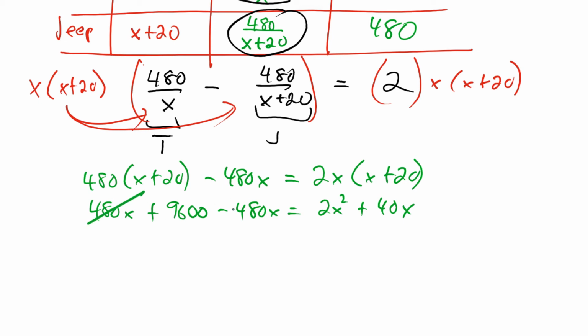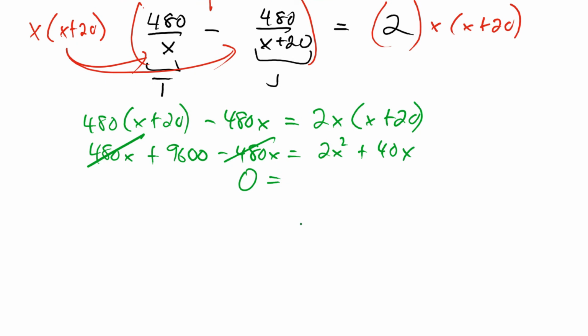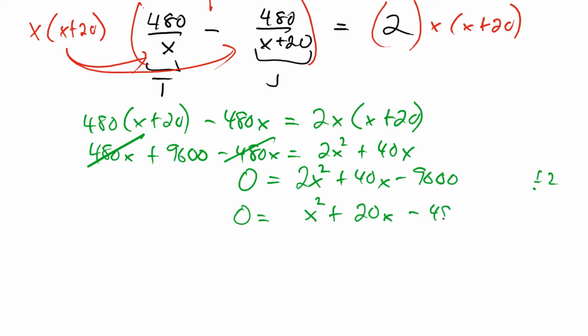And on this side, the 480x's cancel out. Looks like we're coming up to a quadratic equation because I have an x squared in here. So I'm going to set the equation to 0. 2x squared plus 40x minus 9600. And to make this equation easier to solve, why don't I divide both sides by 2? 0 divided by 2 is 0. You can divide by 2 or you can factor that out. And we now have our equation here which we need to solve.